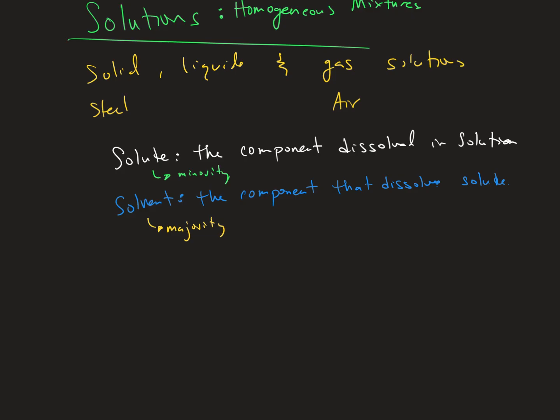Is that an absolute? Like, is the solvent always going to be the majority? I was just about ready to say, no, there are always weird things, like, for example, rubbing alcohol. Normally we say the solvent is water, especially in chemistry.